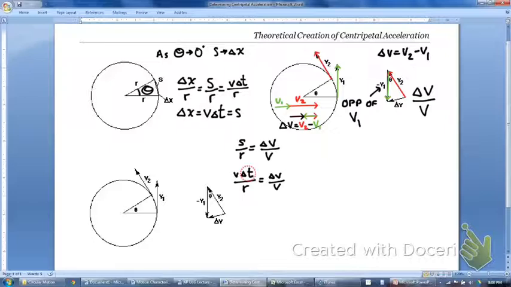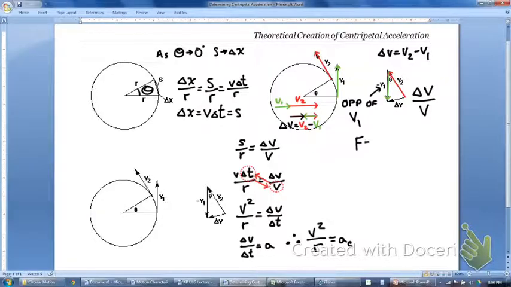By moving our delta t to the bottom on the right and our v to the upper left, we can see that we get v squared over r equals delta v over delta t. From our kinematics, we know that delta v over delta t is equal to our acceleration. Therefore, v squared over r is going to equal our centripetal acceleration.